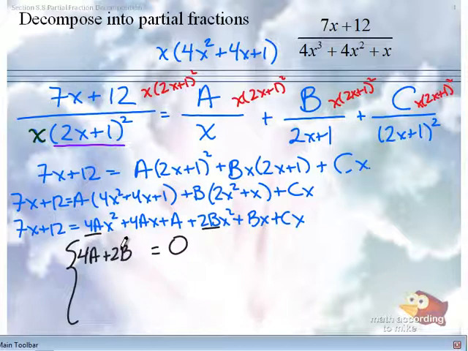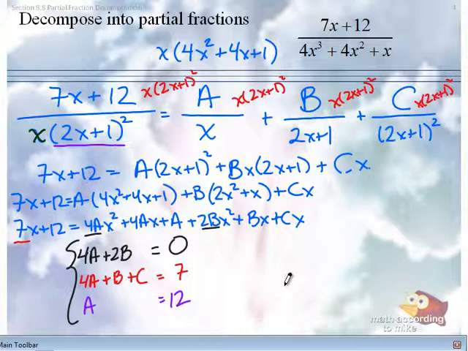What's the coefficient of x on the left? 7. Coefficient of x on the right? Plus C. And the constant on the left? And the constant on the right? A.